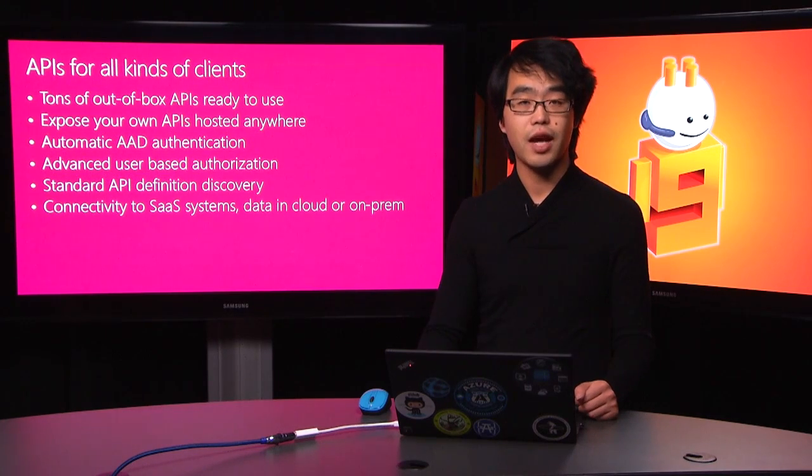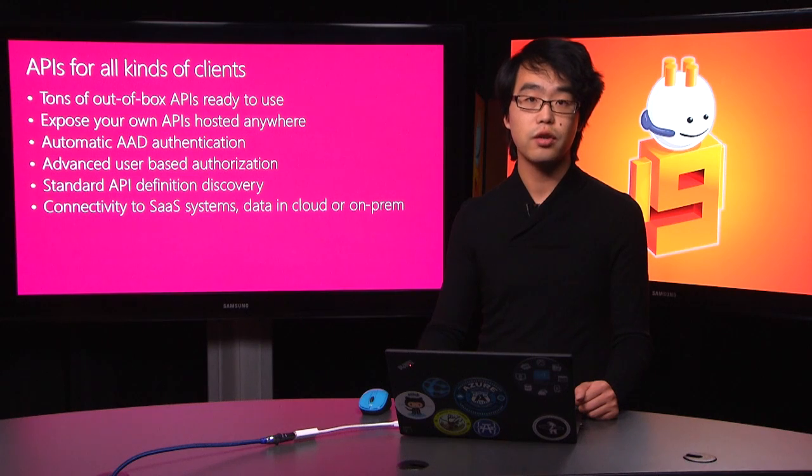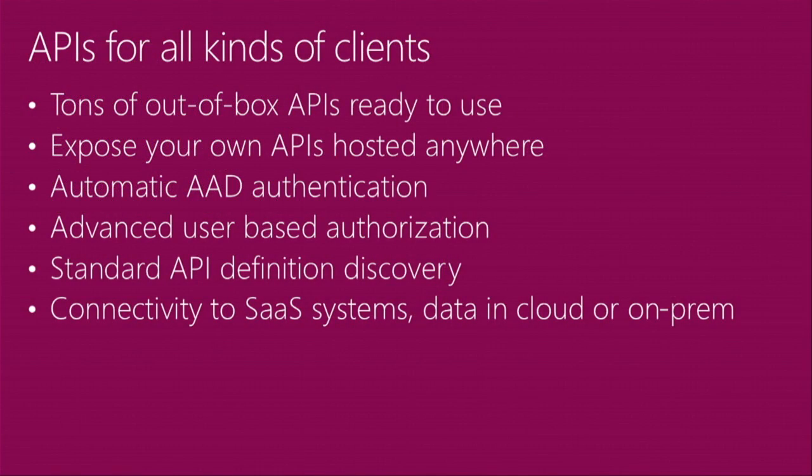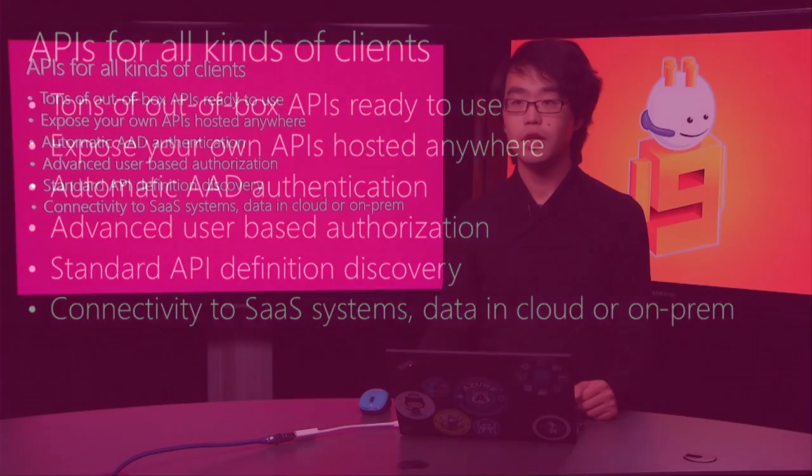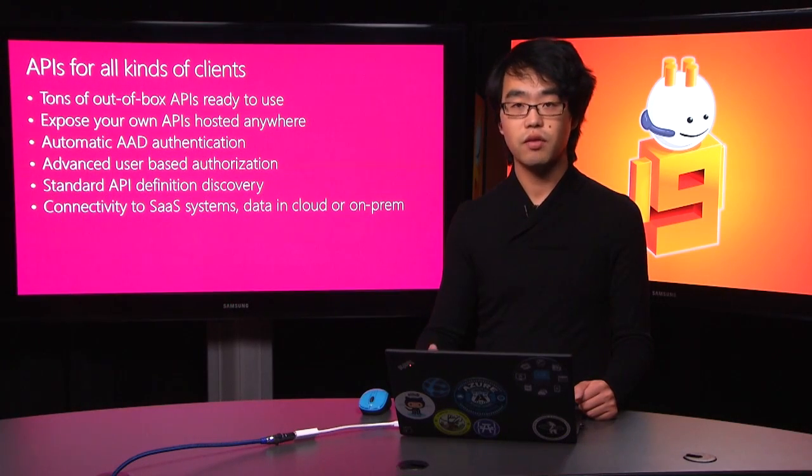So on top of the app service environment, we also add this API layer, which is available for all kinds of clients to consume. Now, a bunch of things to highlight for these APIs. First is that we have tons of out-of-box APIs ready to use. So after you buy PowerApps, you get them out of the box. For example, we have Dynamics CRM, Office 365, SharePoint Online and Server, Dropbox, Salesforce, OneDrive, Twitter, etc. And we're going to add them every single week.